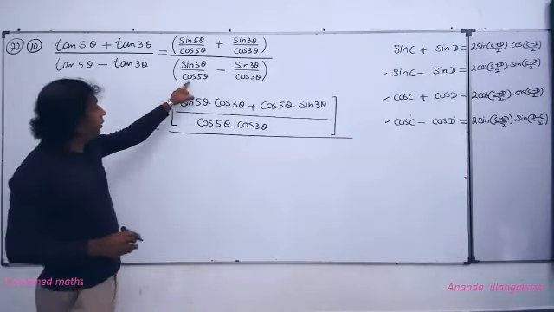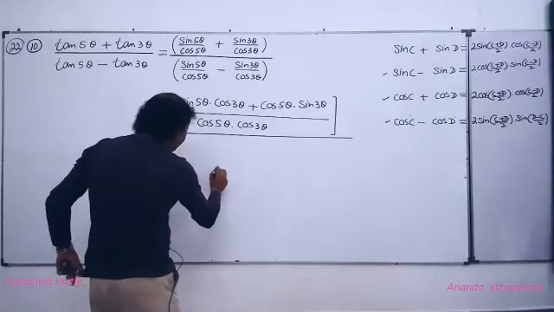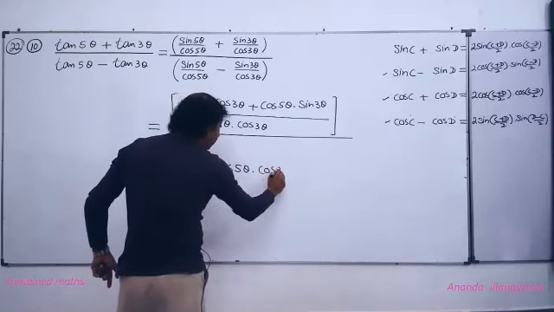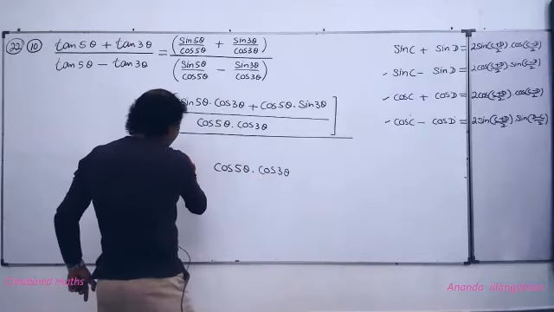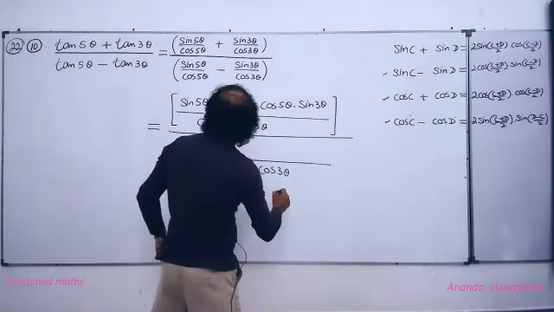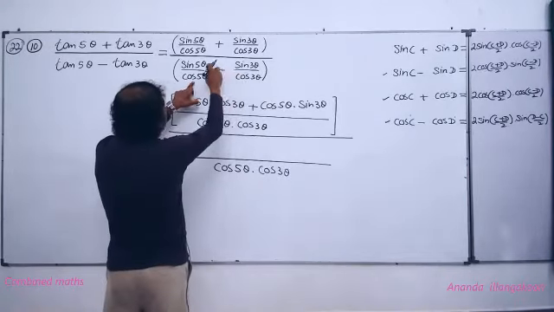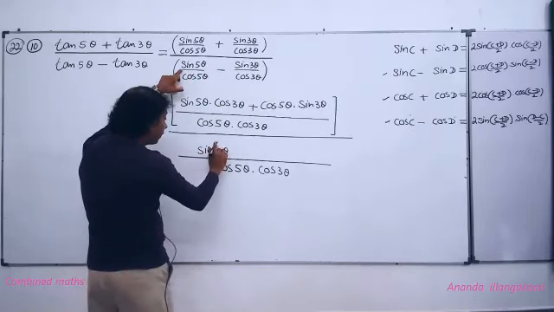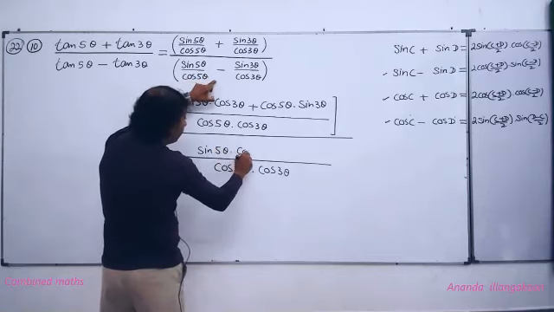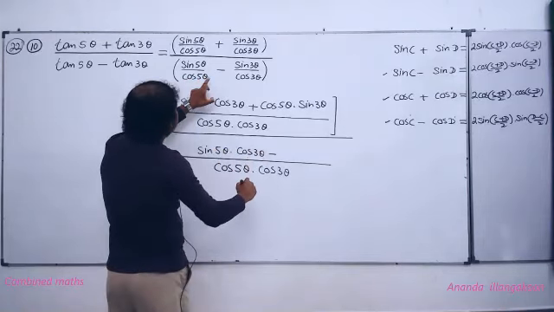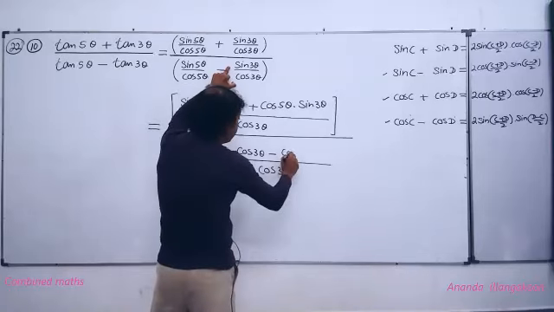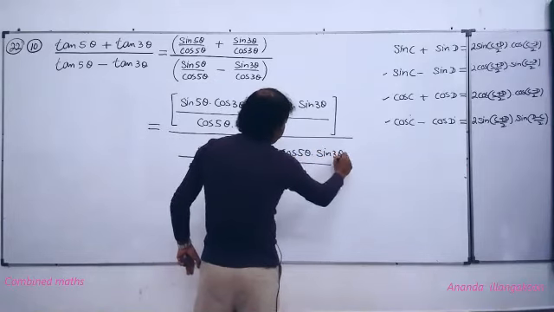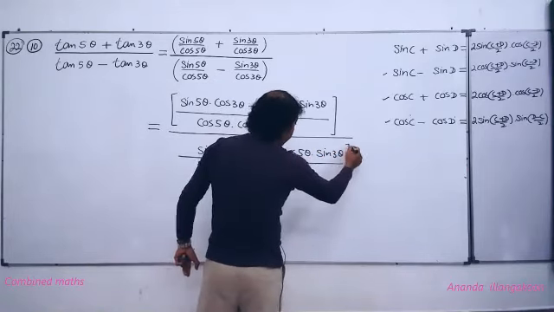Then here, take this and this product: cos 5 theta cos 3 theta. Once you take this product, this comes here, this comes here: sine 5 theta cos 3 theta, minus cos 5 theta sine 3 theta. We have like this.